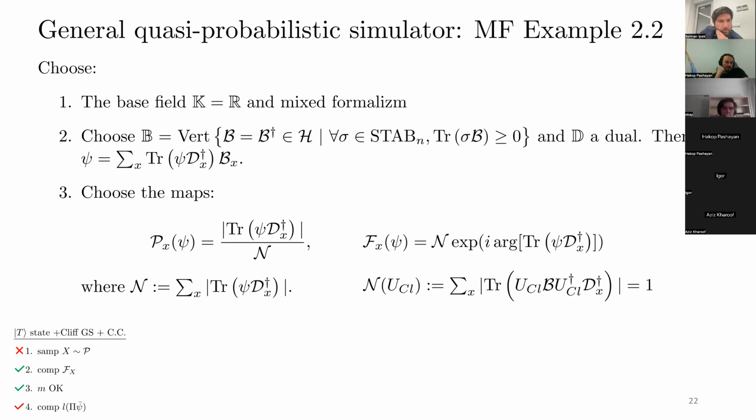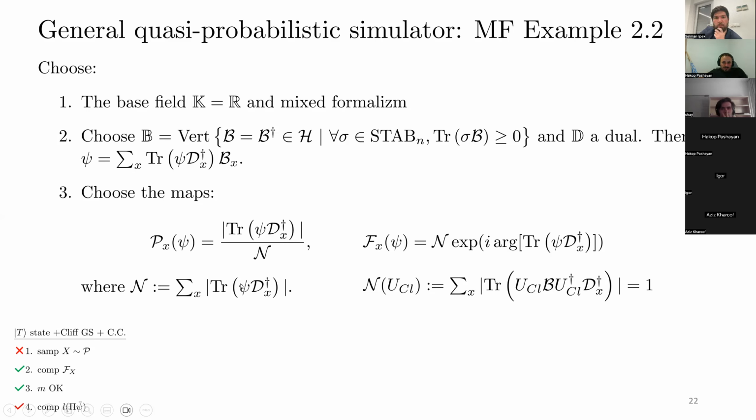I have a question. In the second line, psi equals the sum over trace bx, right? The bx's here are going to be vertices of this lambda polytope. So we know that trace psi times the dual is positive. This is a convex mixture.